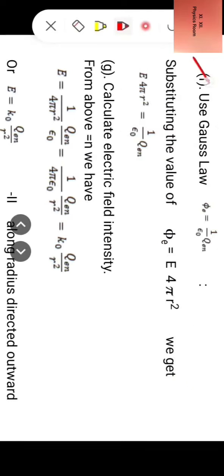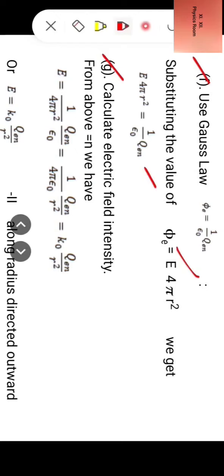F. Use Gauss law. Phi E is equal to 1 by epsilon 0 times Q_en, where Q_en is the charge enclosed by the Gaussian surface. Now, substituting the value of phi E equal to E into 4 pi r square, we get E into 4 pi r square is equal to 1 by epsilon 0 times the charge enclosed, that is Q_en. G. Calculate electric field intensity.